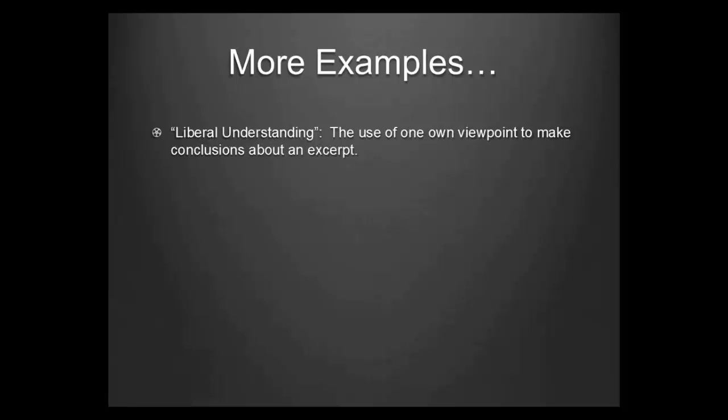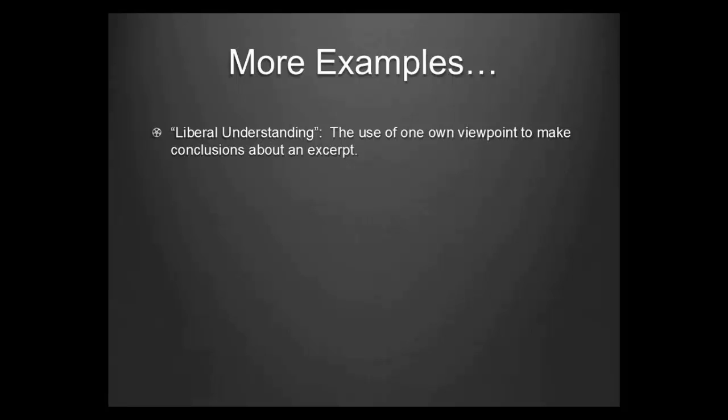So let's go on to the next slide, Pam. Liberal understanding. With that, we want the students to maybe use their own viewpoint. Obviously, we want them to use evidence. We want them to use the conclusions that they're able to make to form their own viewpoint.